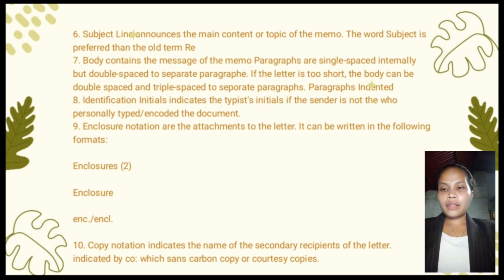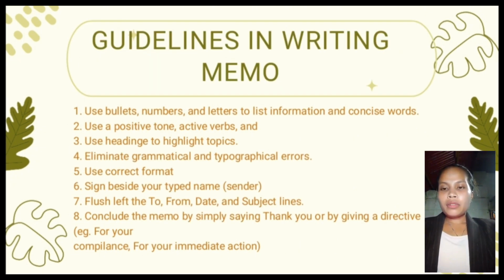So the next part is guidelines in writing a memo. When writing a memo, it is essential to follow certain guidelines to ensure clarity, concision, and professionalism. These guidelines include using bullets, numbers, and letters to list information, using concise words, maintaining a positive tone, and using active verbs.